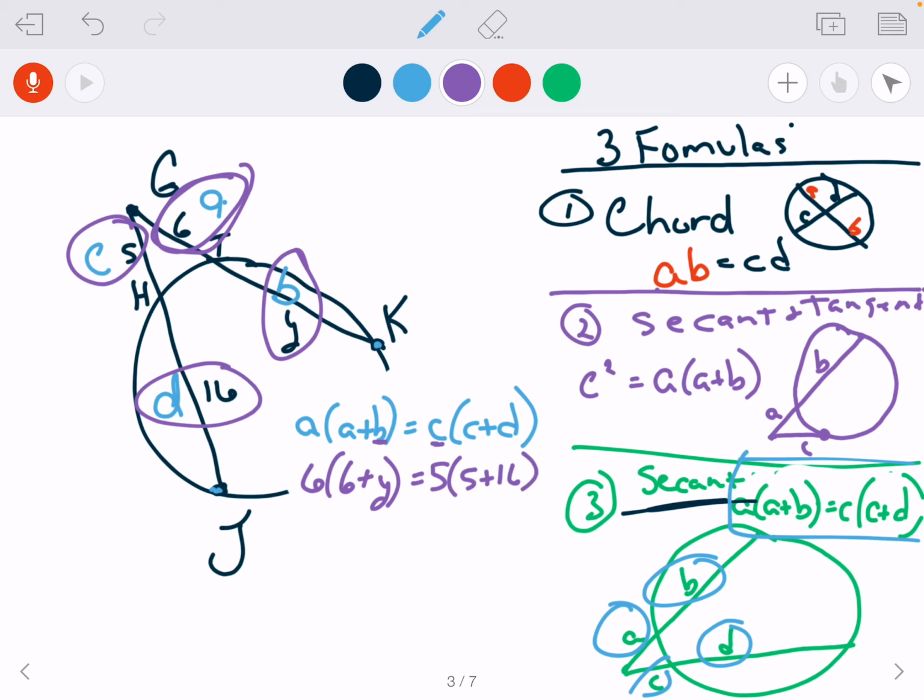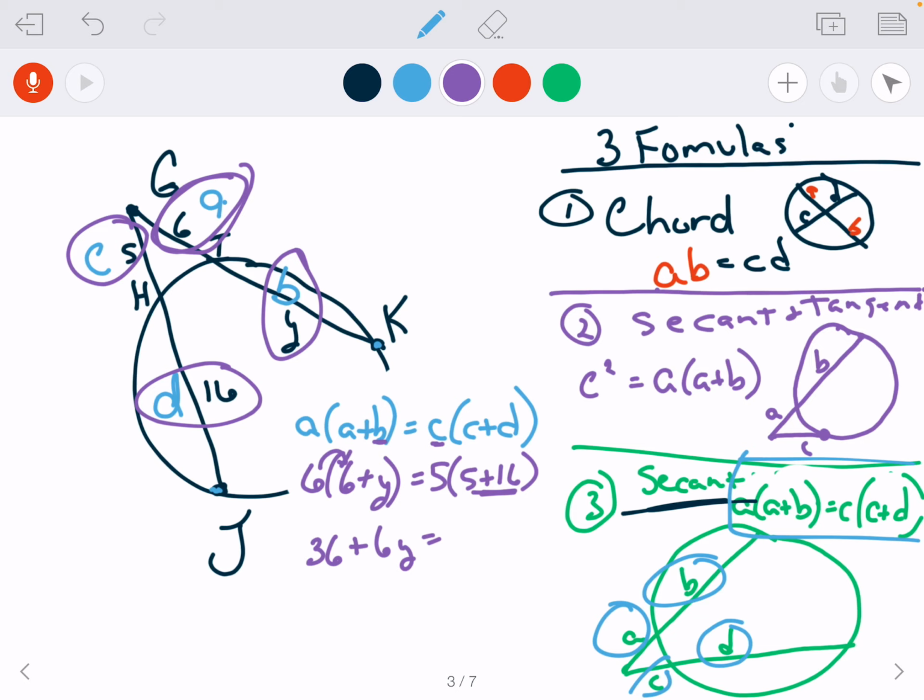So then I distribute my 6 over here, so I get 36 plus 6y. I can add these together before I multiply by 5. So 5 plus 16 is, I don't know, in my head, I need my Desmos because I'm already tired of thinking today, and I know you guys never get like that.